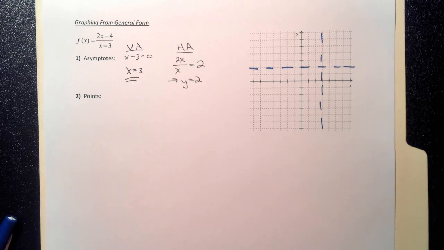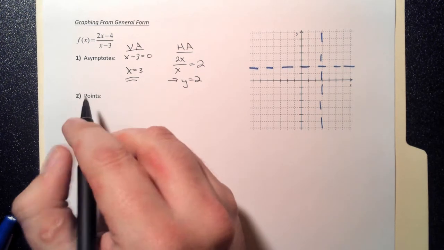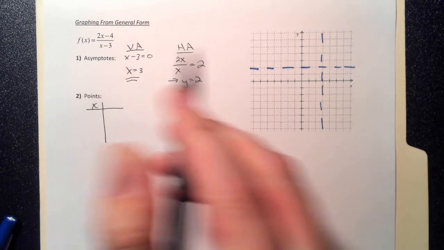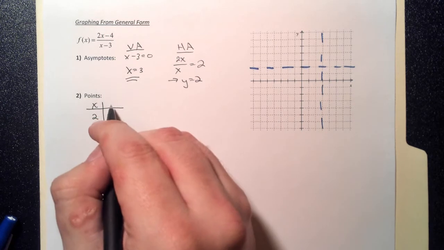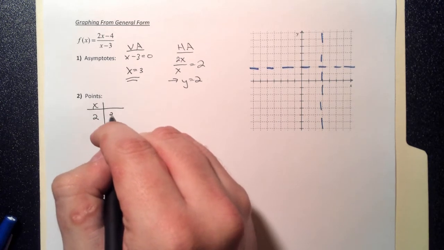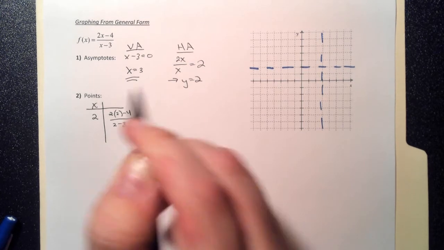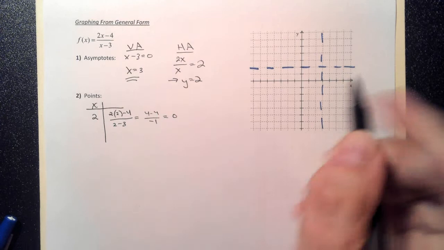Okay, and again, you may use a calculator if you need to, but when we're getting more points right here, I want to think about what happens when x is, say, so this is 3. How about if x is 2? I will have 2 times 2 minus 4 over 2 minus 3, which is 4 minus 4 over negative 1, which is 0.